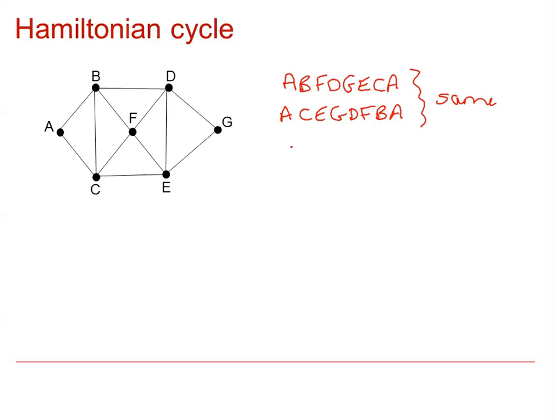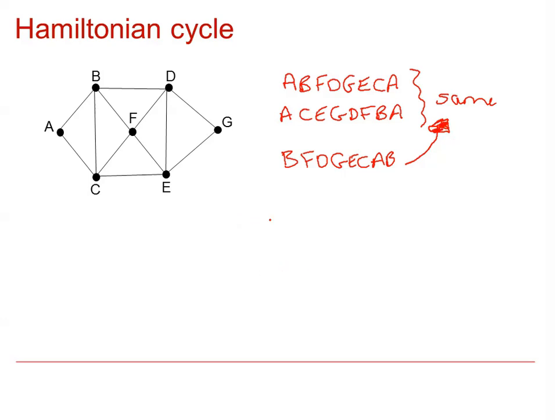I could have also started at a different starting point. For example, I could have started at B and gone B, F, D, G, E, C, A, B. And as you can see, that's pretty much in exactly the same order as the top cycle I wrote down, but just at a different starting point. So again, this is classed as the same cycle, and it is not unique.